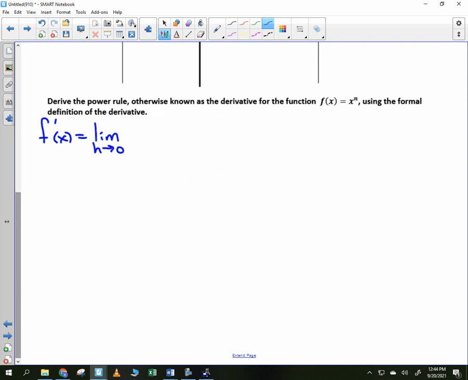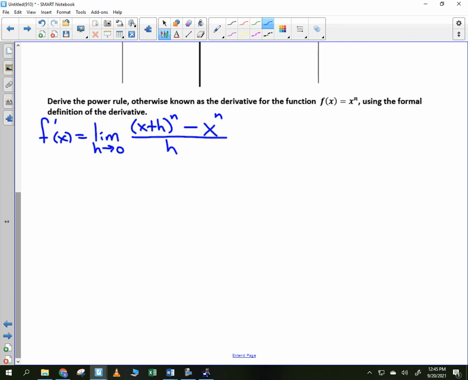So I'll have x plus h raised to the nth power, minus my function, x to the nth, divided by h. Is anybody confused where those elements came from? Remember, you take the function and you put in x plus h, then you subtract the function and you divide by h. We all good?